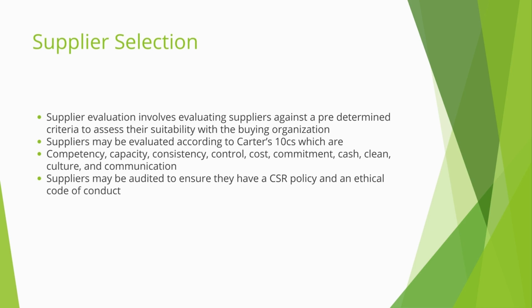Consistency. It means what processes does the supplier have to ensure consistent quality or service delivery? Control basically means, does the supplier have control of its policies, its procedures, or its supply chain? And then we have cost.